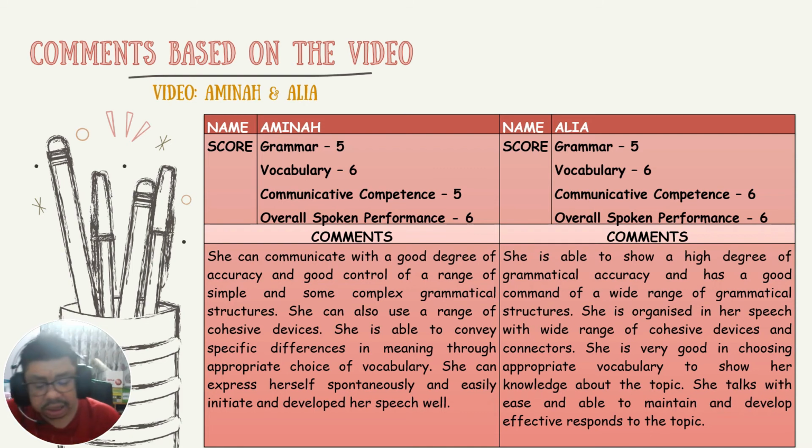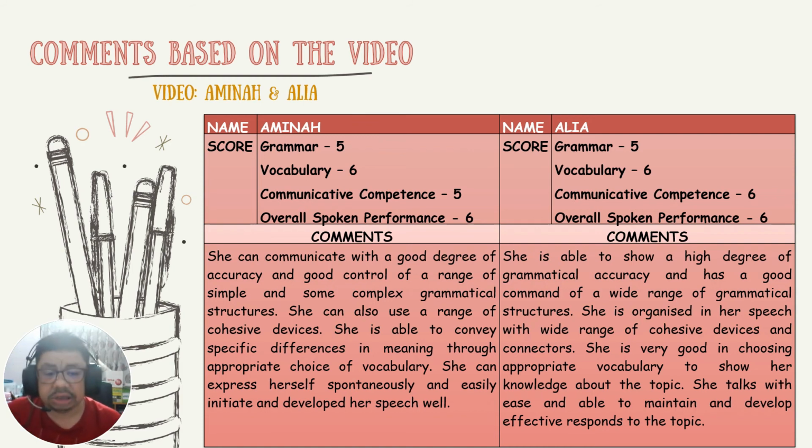Okay, now let's take a look at Alia's performance in her test. She managed to get 5 marks for grammar and 6 in the other 3 criteria. She is also a high achiever with a score slightly higher than Amina. She is able to show a high degree of grammatical accuracy and has a good command of a wide range of grammatical structures.